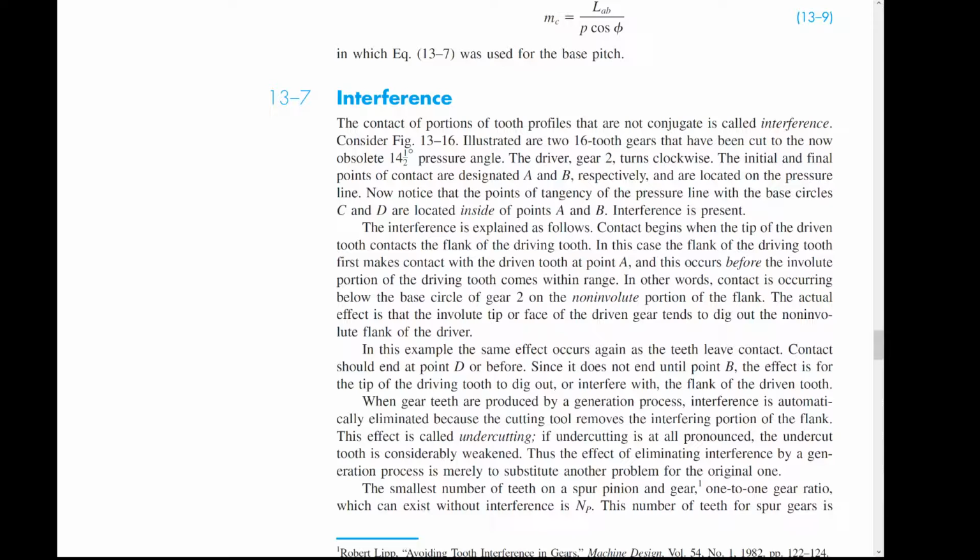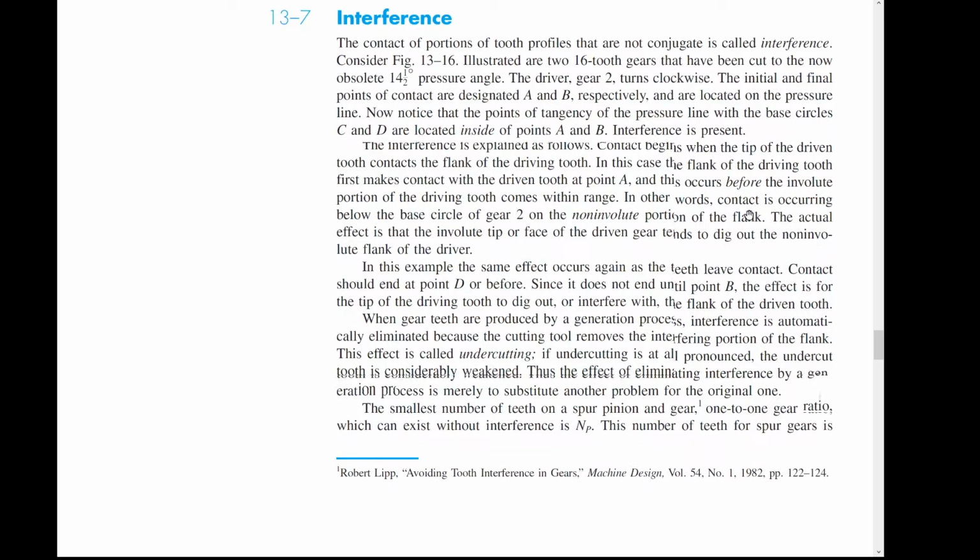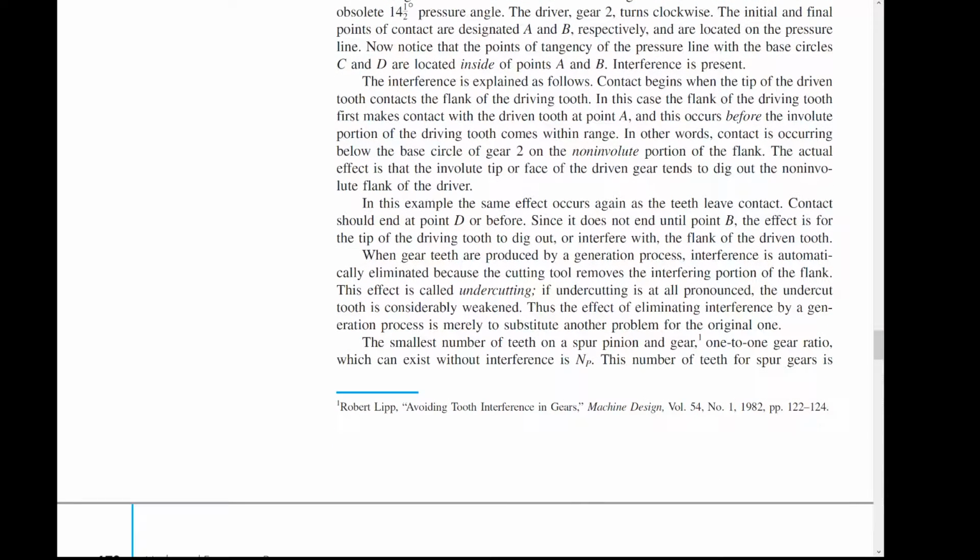Contact begins when the tip of the driven tooth contacts the flank of the driving tooth. In this case, the flank of the driving tooth first makes contact with the driven tooth at point A, and this occurs before the involute portion of the driving tooth comes within range.